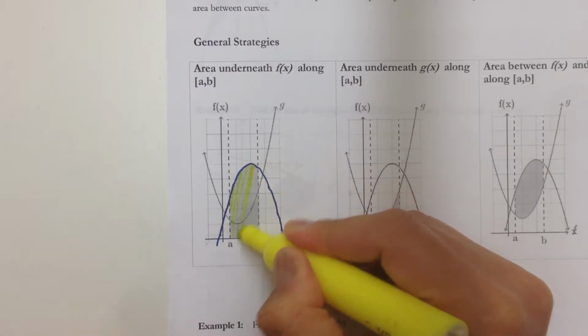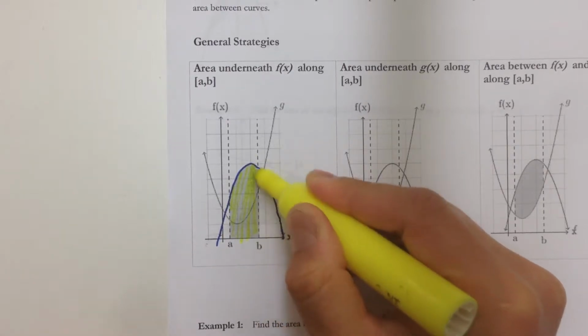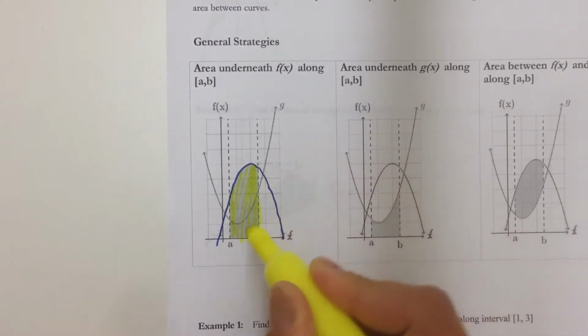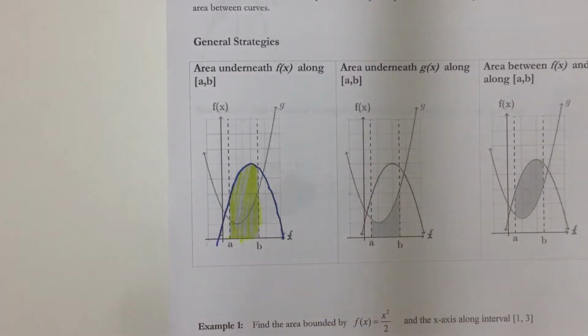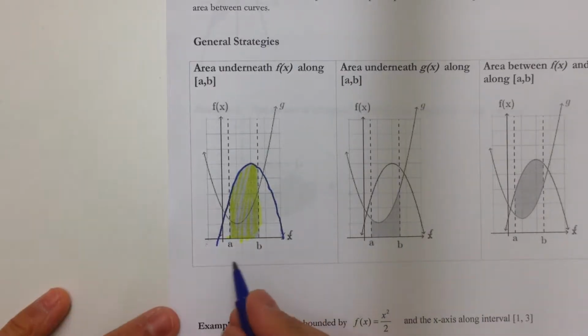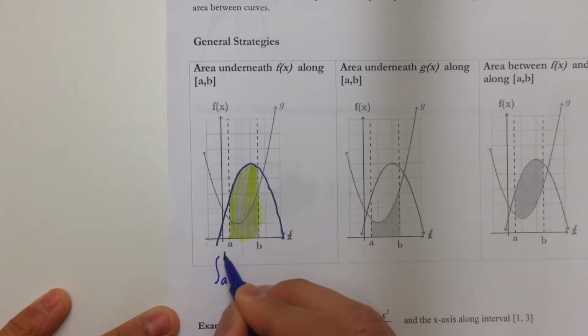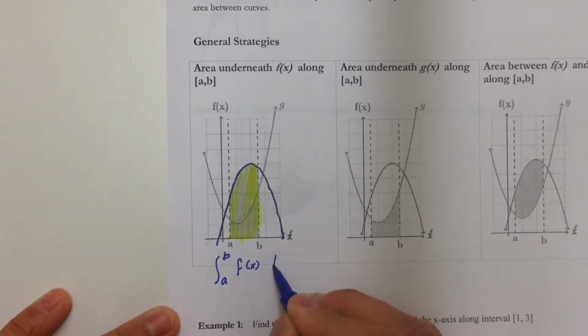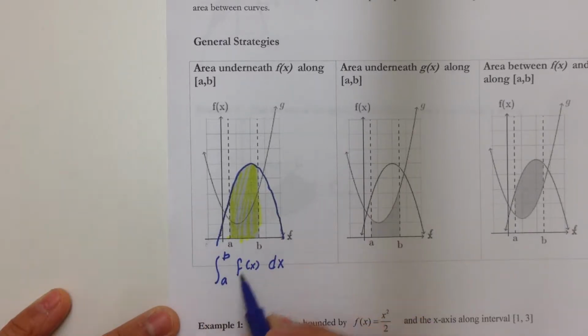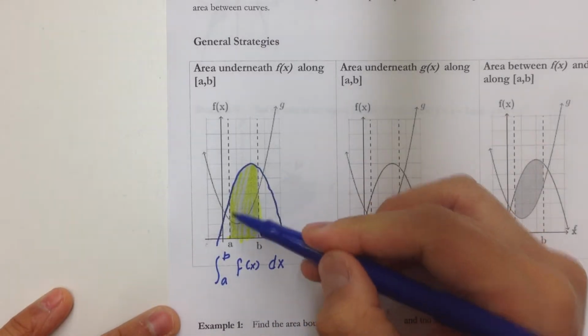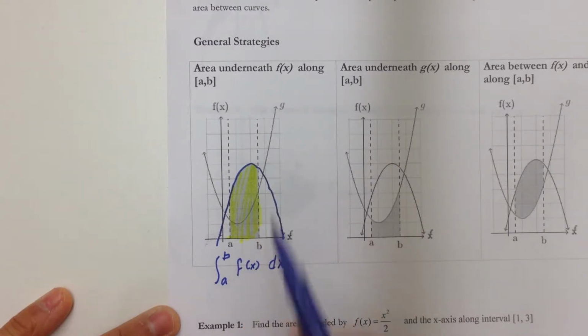Then I can do that by setting up an integral from a to b of the function f with respect to the variable x. I can compute this using a calculator or by hand, and that's how I find the area from a to b of the function f.